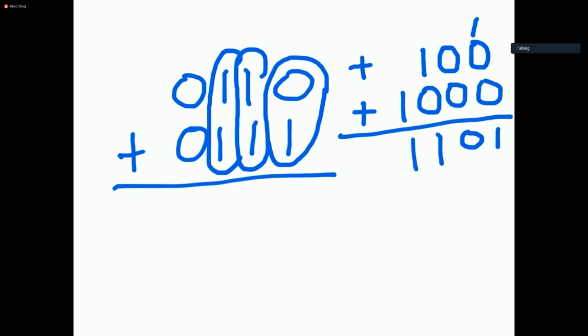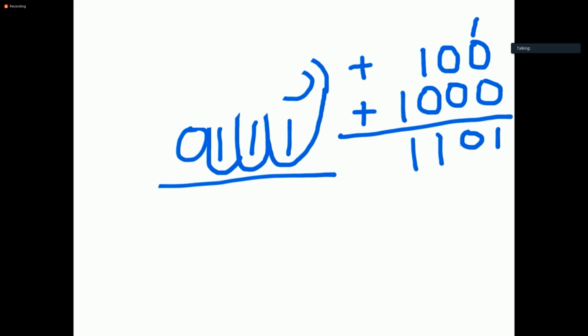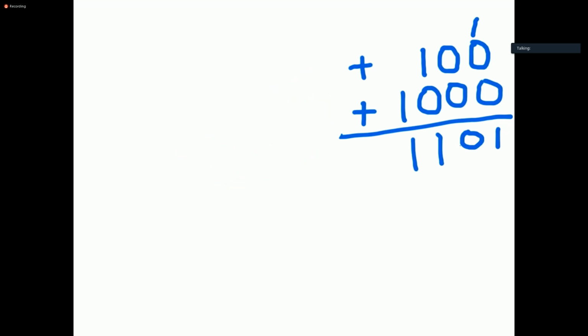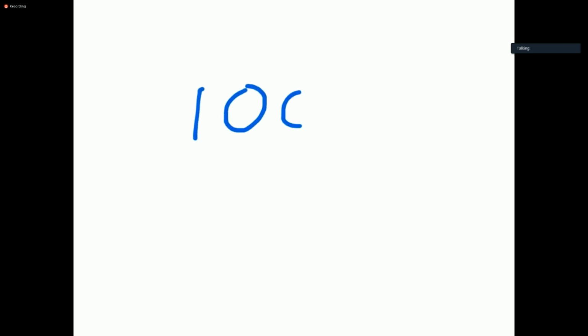So once you are familiar with looking at a binary number as being places that are either turned on or turned off, if there's a 1 in a place value, it's turned on. If there's a 0, then it's turned off. So once you can think of it like that, it's very easy to think in binary. If I want the number 8, I just put a 1 in the eights place, and now I have 8.